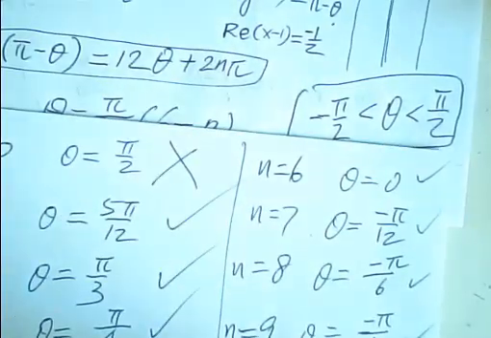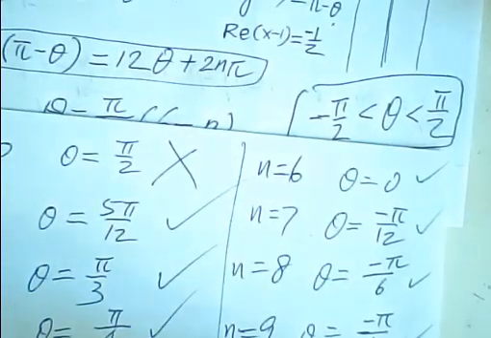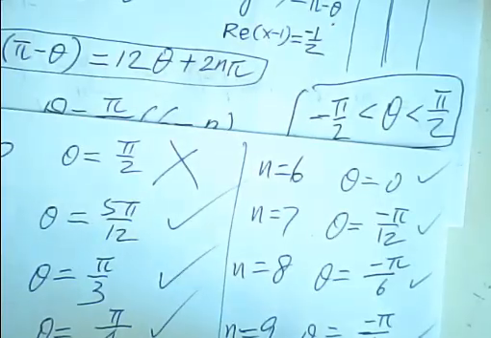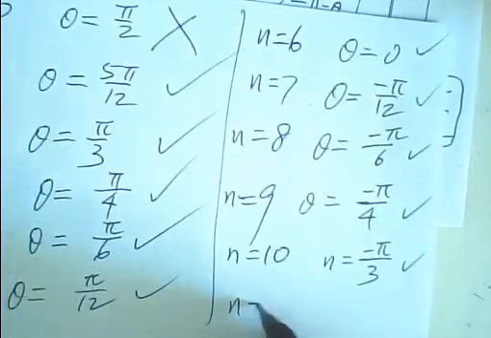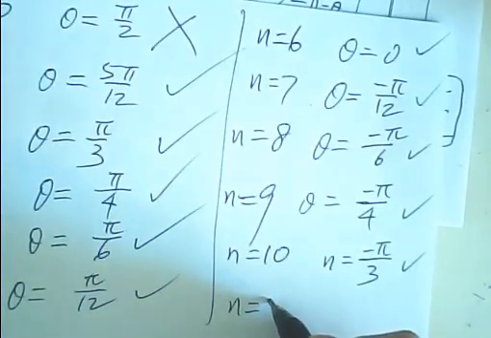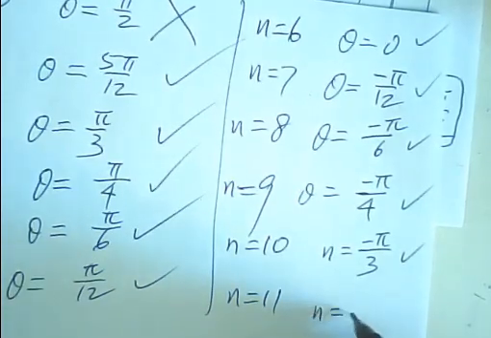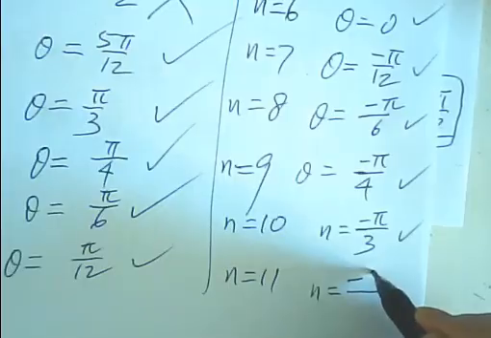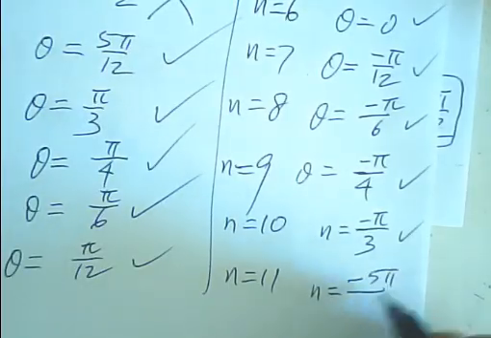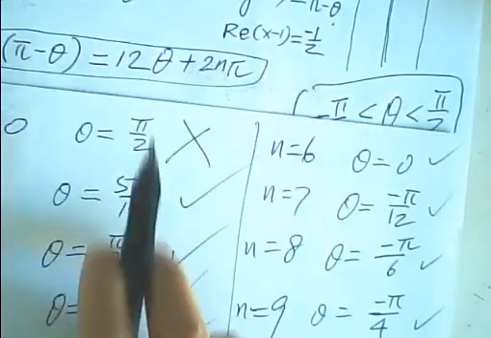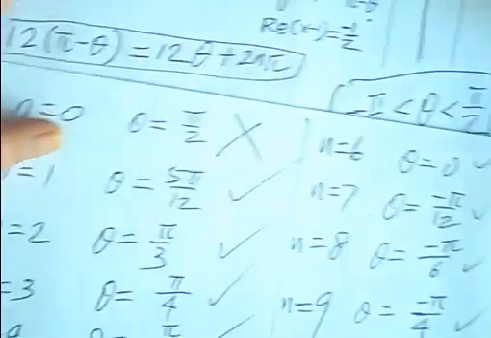That's good. N equal to 10 is negative third pi. That's good. N equal to 11 is equal to negative 5 pi over 12.